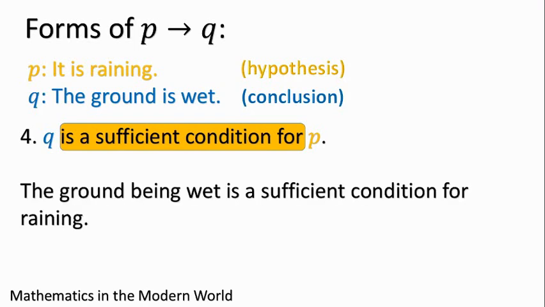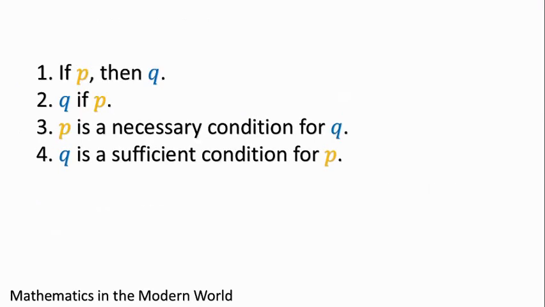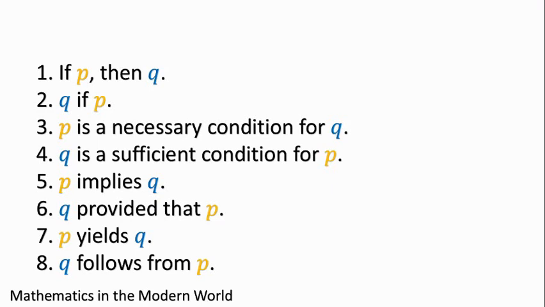So in the statement, "the ground being wet is a sufficient condition for raining," these are where your hypothesis and conclusion are located, and this will still be translated as P arrow Q. Now, there are other forms of the conditional, such as these, and they are all translated to P arrow Q symbolically.